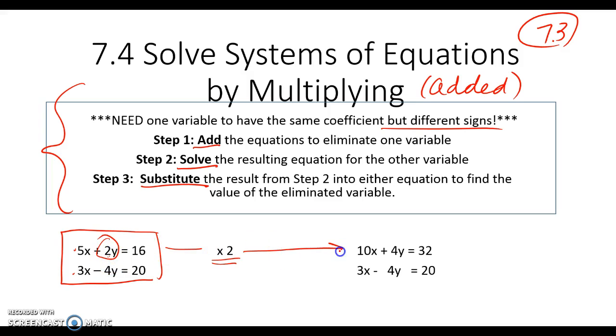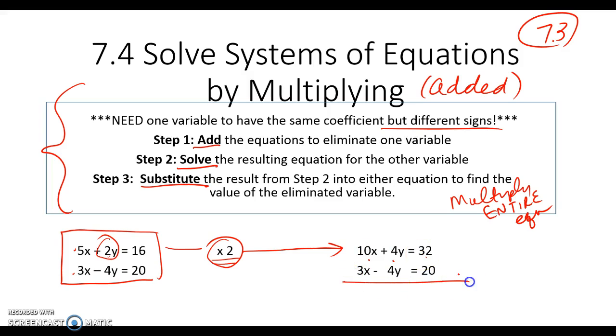When I do that, I have to multiply the entire equation, right? So you have to multiply the entire equation by whatever number you choose. But here we're going to multiply this equation by 2. So it becomes 10x plus 4y equals 32.